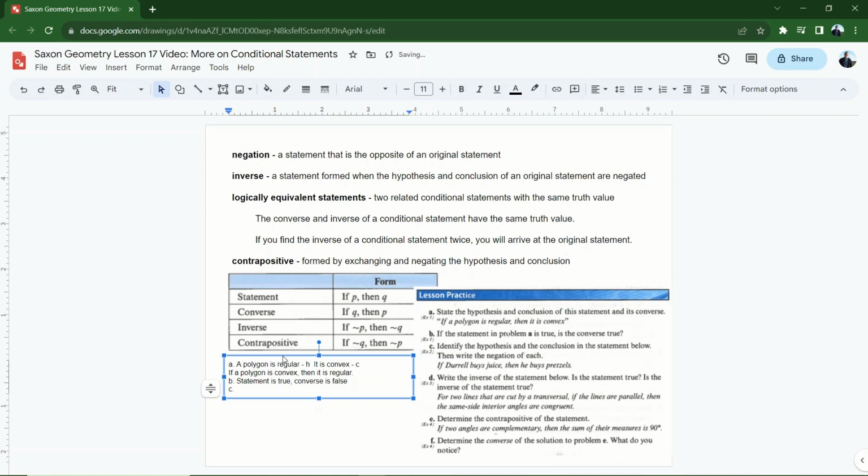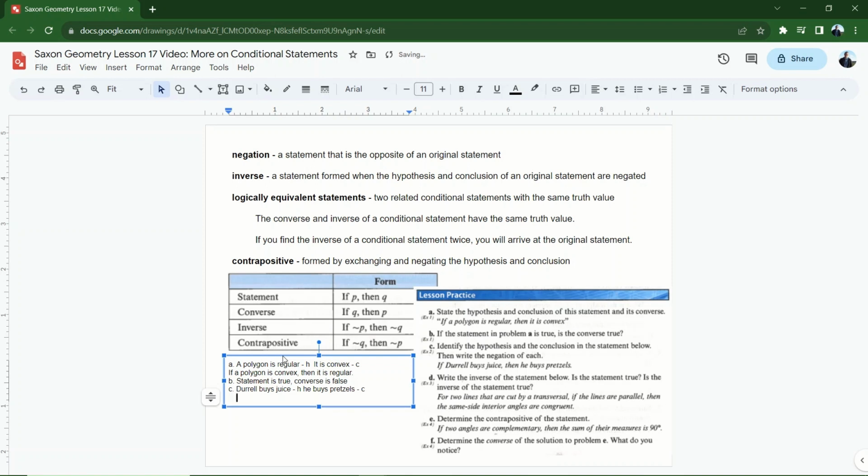All right, letter C. Identify the hypothesis and conclusion of the statement below, then write the negation of each. So Durrell buys juice. That's the hypothesis. And then he buys pretzels is the conclusion.